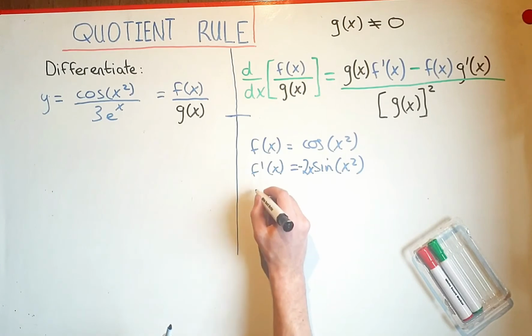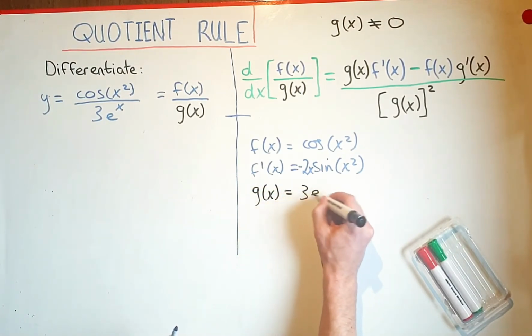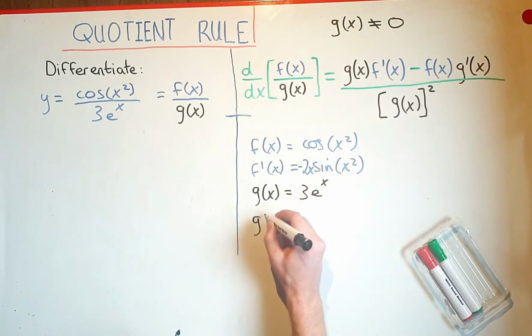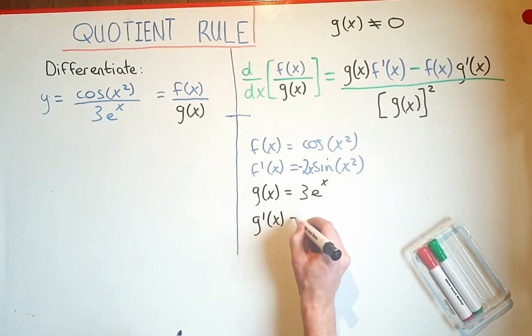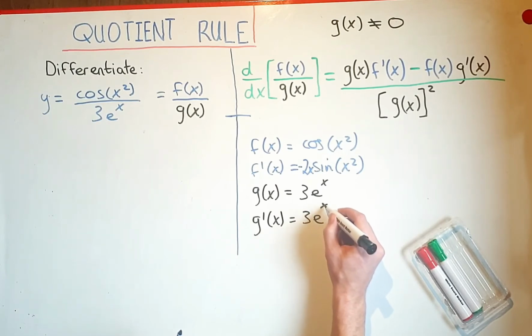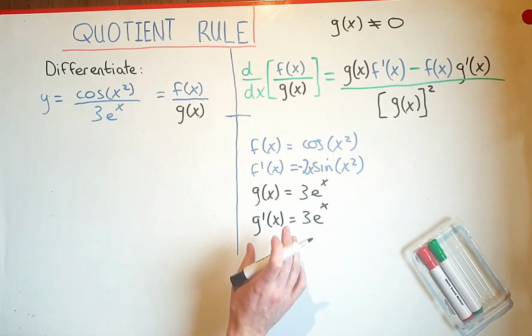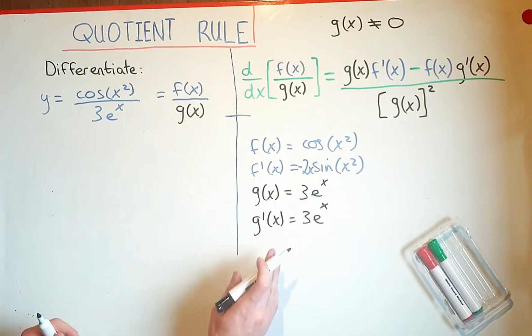And then we have a g of x that's equal to 3e to the x, and therefore our g prime of x is also going to equal 3e to the x, as the slope of an exponential will always be 1.